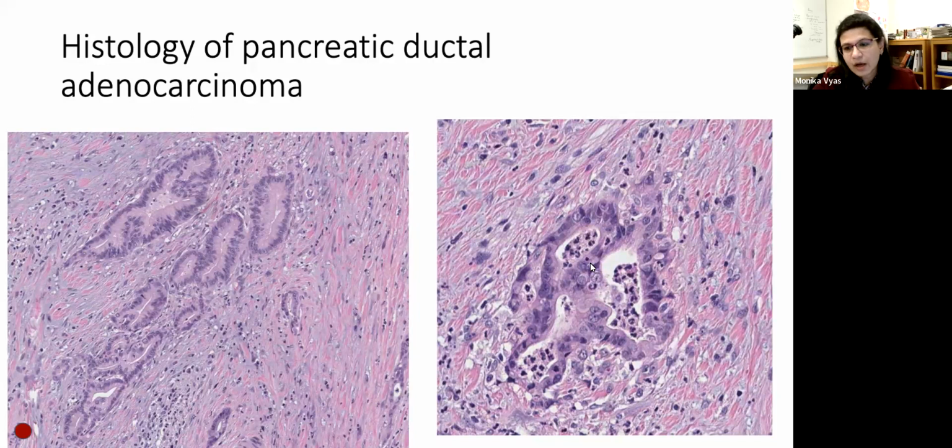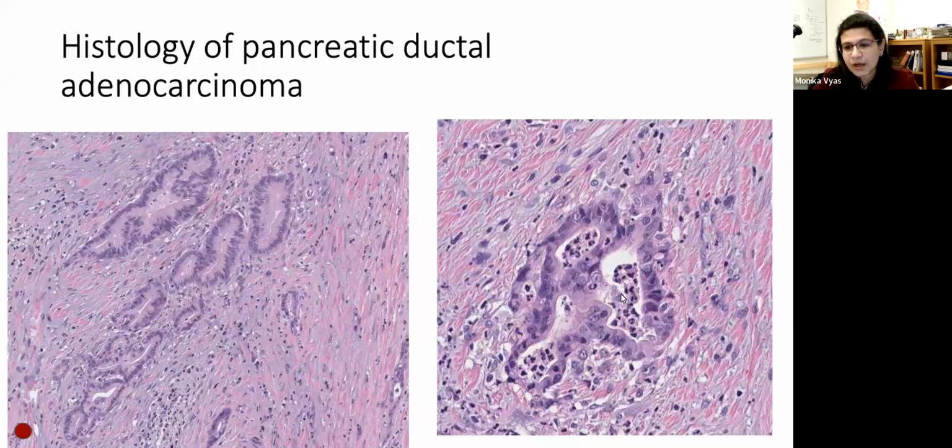And then here's a high power view. This would definitely not be challenging in any way, because you can see a very complex atypical gland. You have some single cells trickling out, and then you have a lot of pleomorphism here. So you have some smaller looking nuclei, and then other nuclei which would be maybe 3 to 4 times the size of the nuclei in the background.